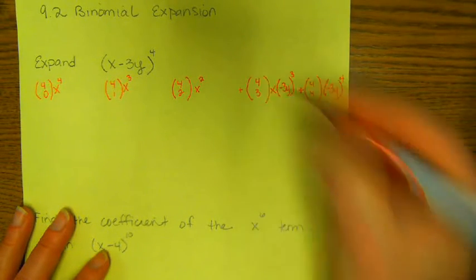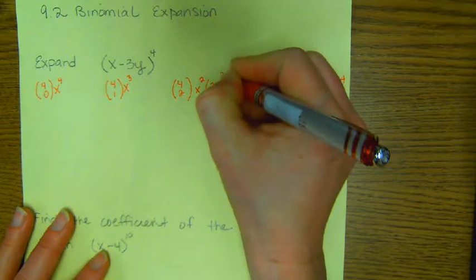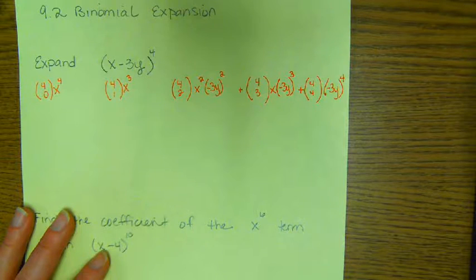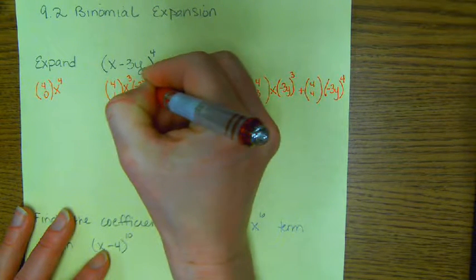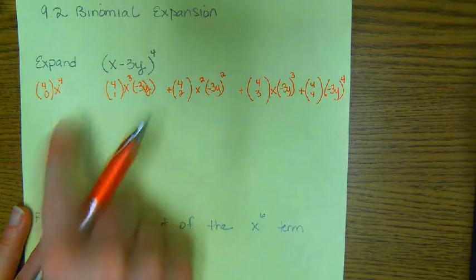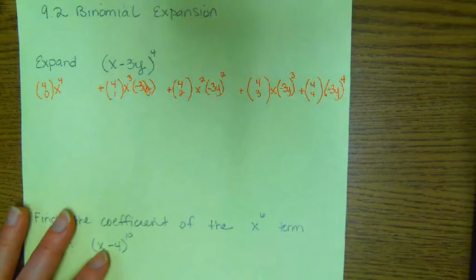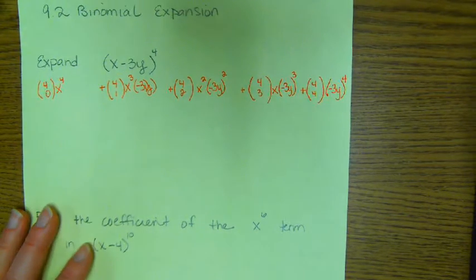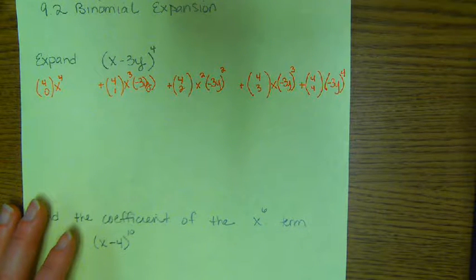Then this would be negative 3y squared. Negative 3y, oops. And this is negative 3y to the 0, but we don't write that down because negative 3y to the 0 is 1. Okay. So now let's simplify one more step.